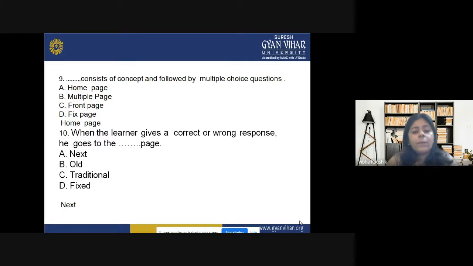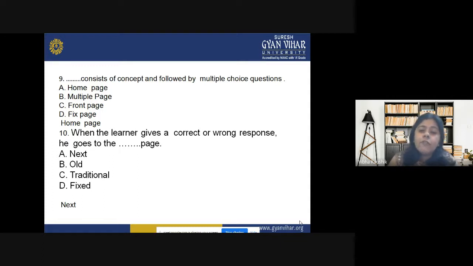Now the 10th one: when the learner gives a correct or wrong response, means the learner has given a correct response, the right answer, or a wrong response, means he has given a wrong answer, he goes to the dash page.